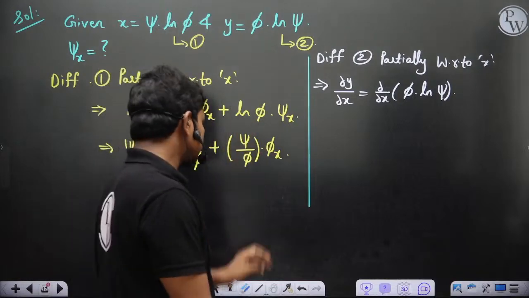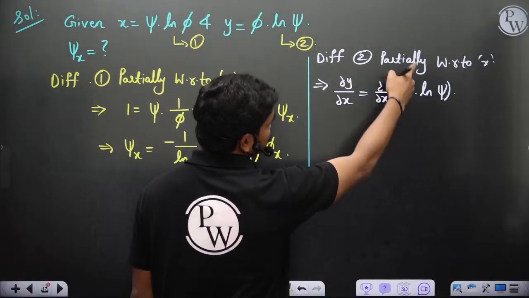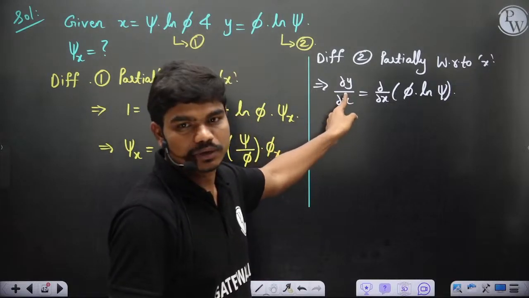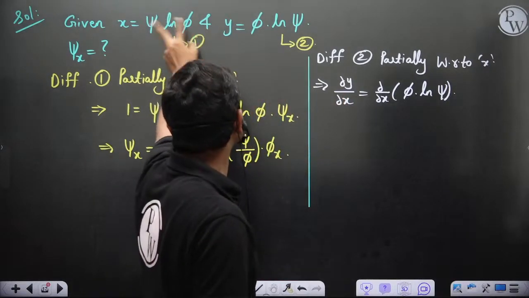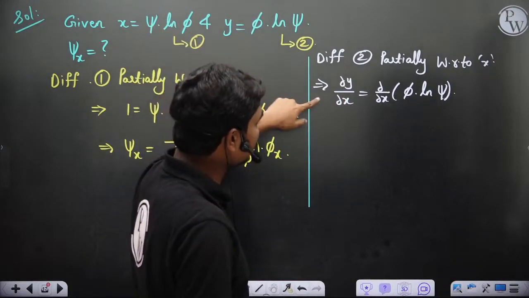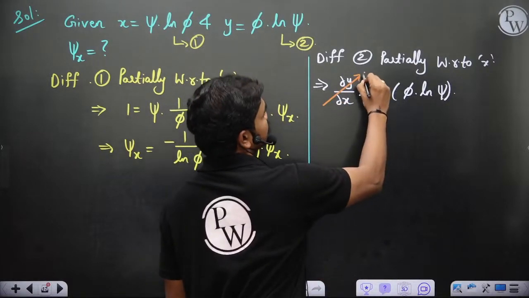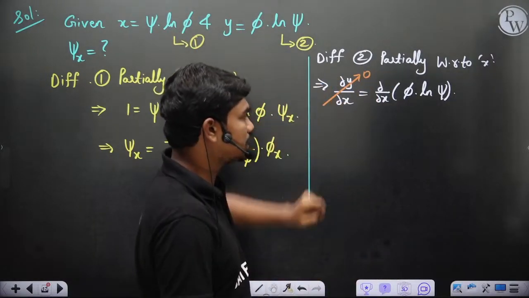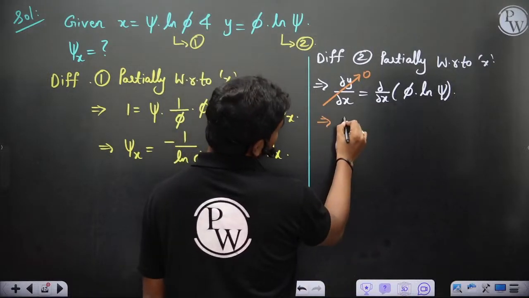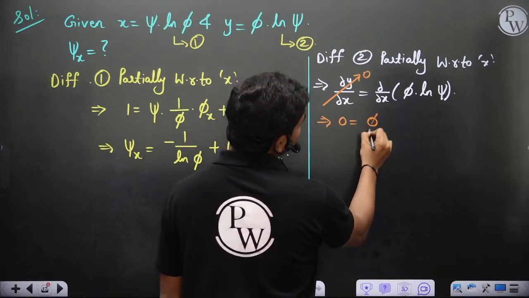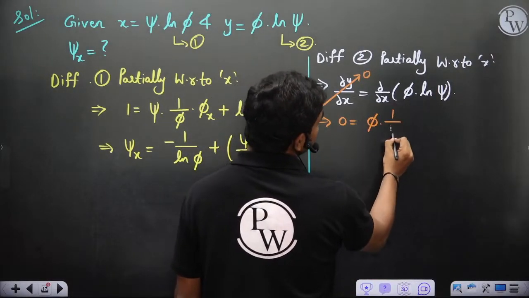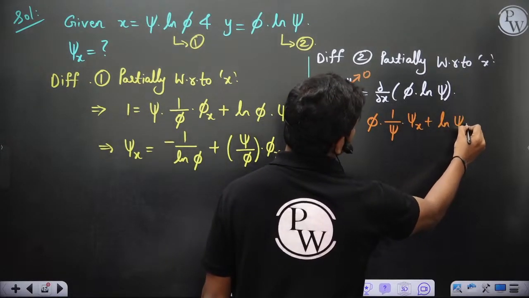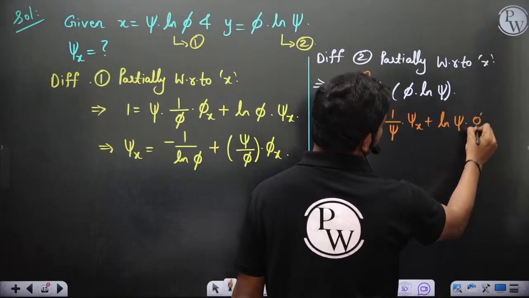So I differentiate with respect to x partially. If this is y and I am differentiating with respect to x, these two are separately defined functions, so this value is 0 straight away. So 0 is equal to phi times the derivative of this, 1 by psi times psi x, plus the second function times dou phi by dou x, which is phi x.